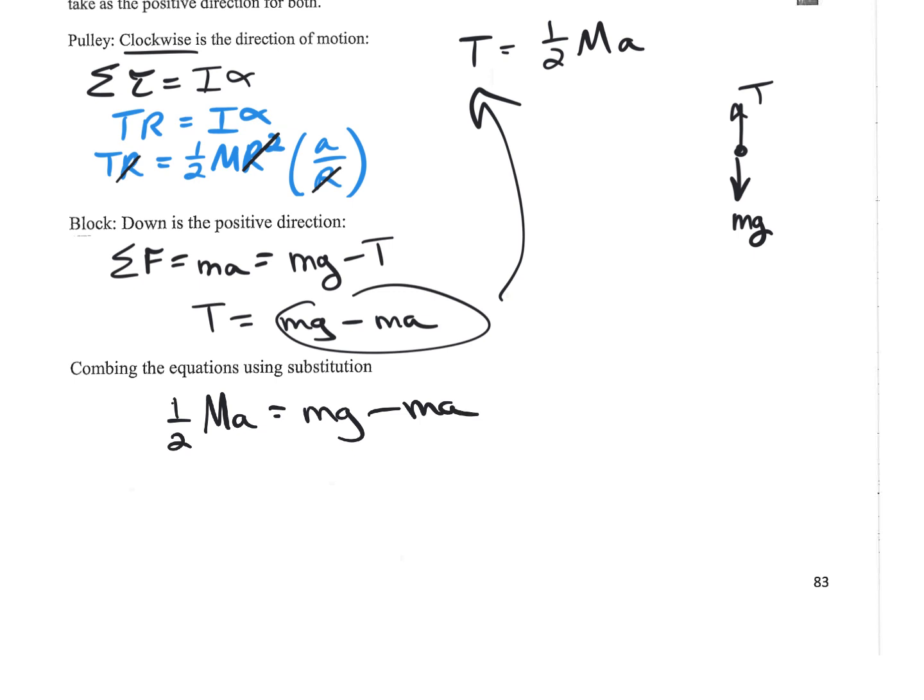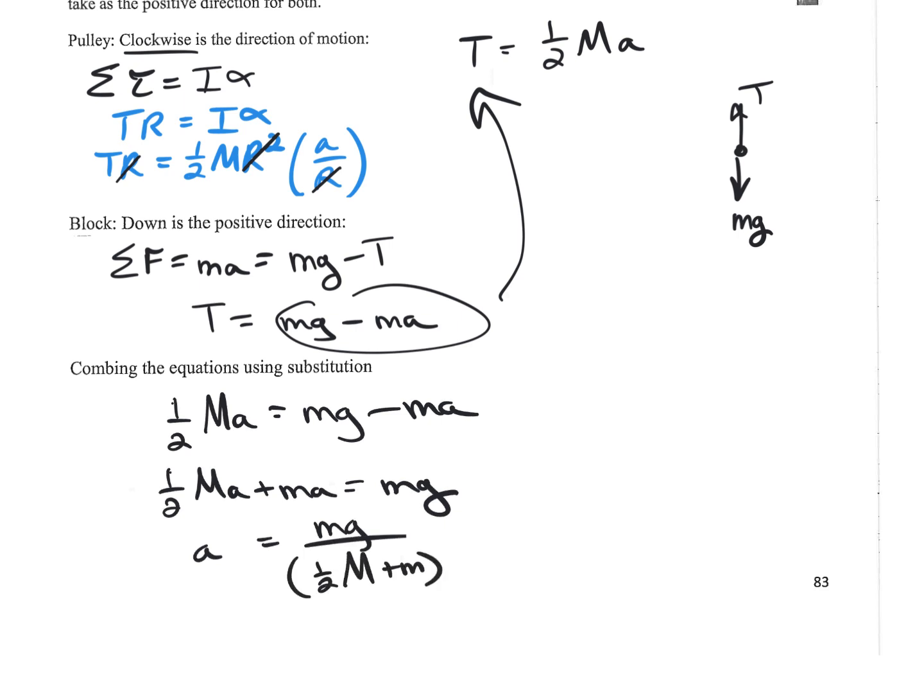Bring everything with an acceleration over to the other side, pull A out and divide.